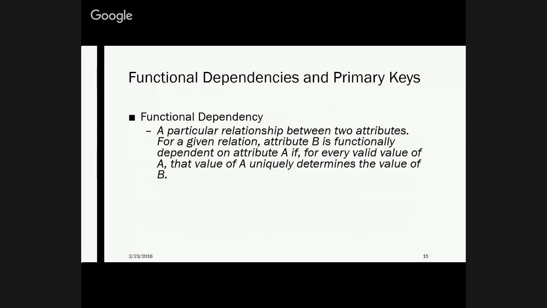But basically, if I can say I know A and I 100% for sure know B, that's a functional dependency. So that's like the social security number. If I know the social security number, I 100% know the student ID number. I know the name. You know a lot of things if you have the social security.